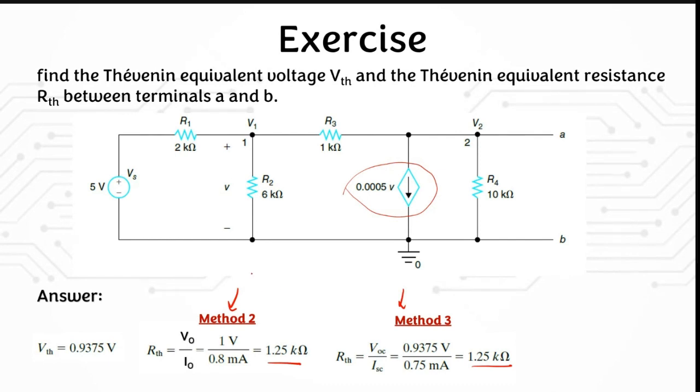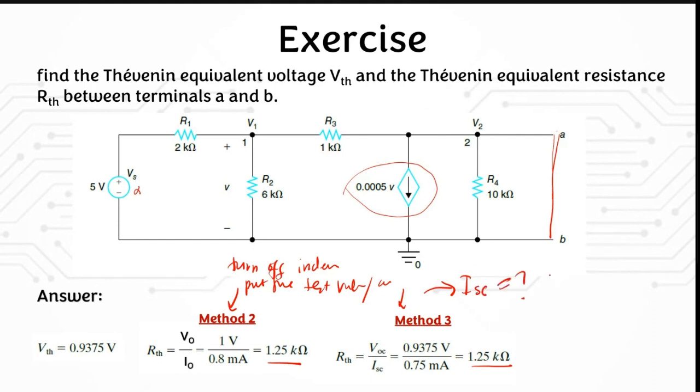If you're using method 2, you need to turn off the independent source and then put the test voltage or current here. And for method 3, you can just put the ISC here. Just put the ISC here and find the value, and then you know that your RTH is equal to VTH over ISC.